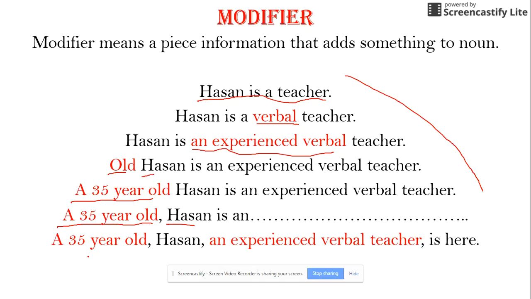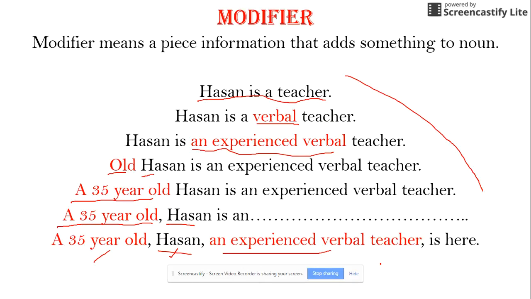So this is the first type of modifier that GMAT gives. Second, a 35-year-old Hassan and an experienced verbal teacher. You will notice a 35-year-old and experienced verbal teacher, both are for Hassan, right? Both are modifiers for Hassan and Hassan is a teacher. This is a sentence.